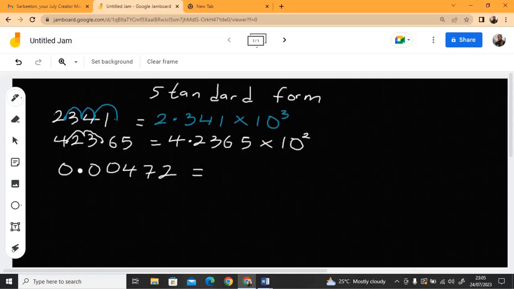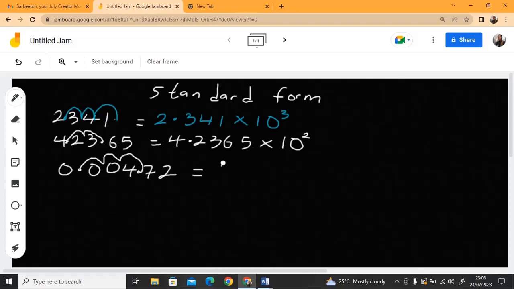You see this point, it is not actually where it should be. It has to move to the front of the first number that is not 0. So I have to move it 1, 2, 3. I have to stop here because 4 is the first number that is not 0, so I move the point to the front of 4.